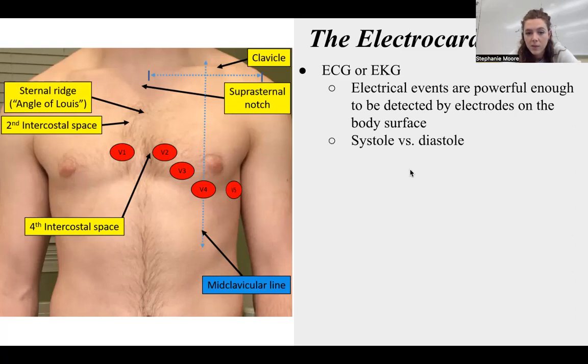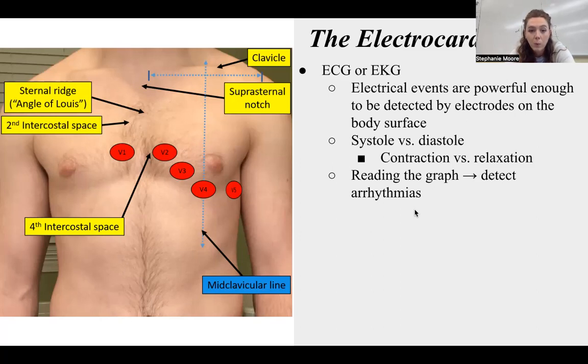Now, we see this picture in terms of systole versus diastole, which is contraction versus relaxation, systolic versus diastolic, contracting pressure versus relaxing pressure. On an EKG, it's contracting electrical current versus relaxing electrical current. Whenever we read those graphs, like on the previous slide, we're able to detect arrhythmias.